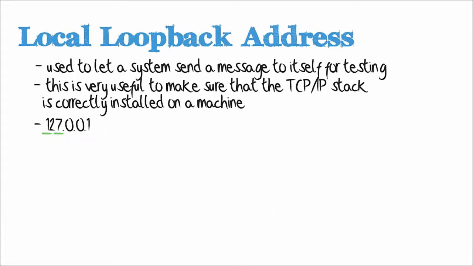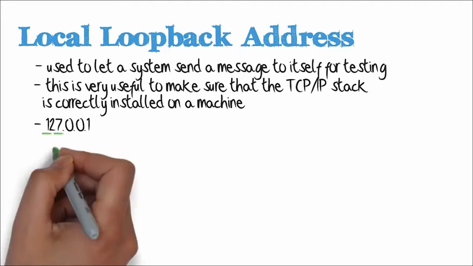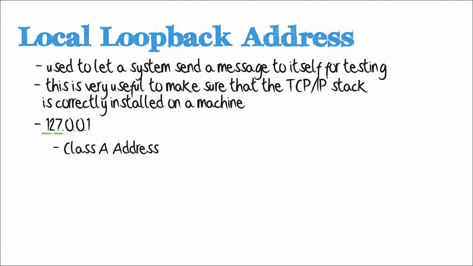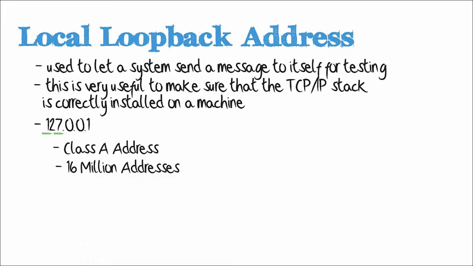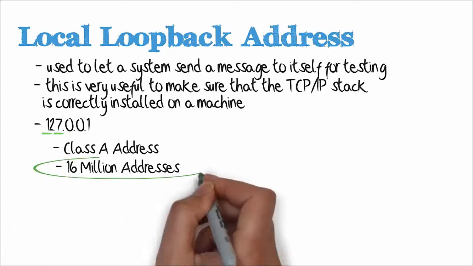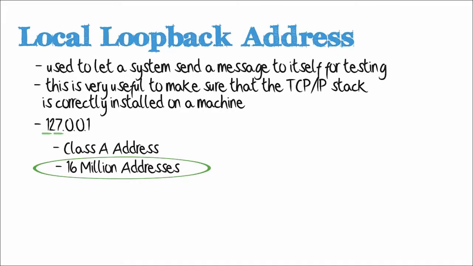This is often seen as one of the big mistakes by the designers of IP version 4. A 127 address is a Class A address. Class A addresses have 16 million odd host addresses, and by choosing this address range for the loopback address, we lost the use of potentially 16 million IP addresses.